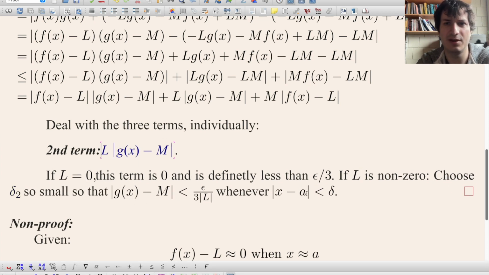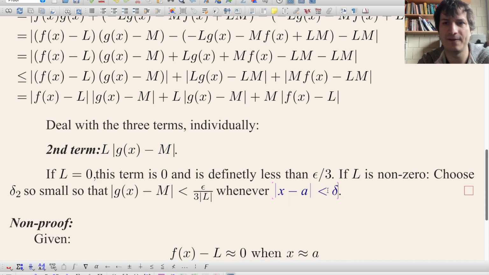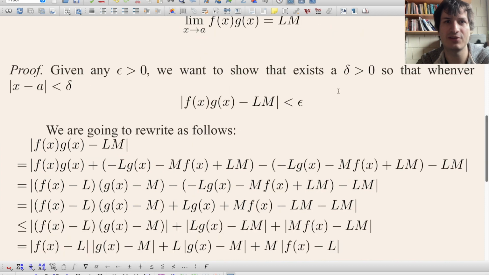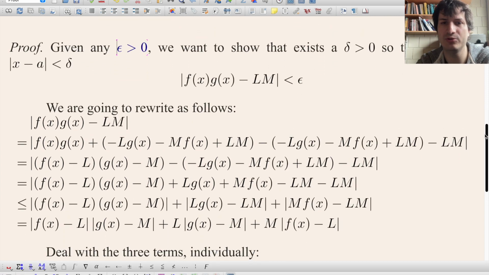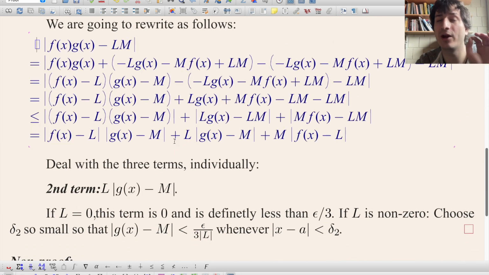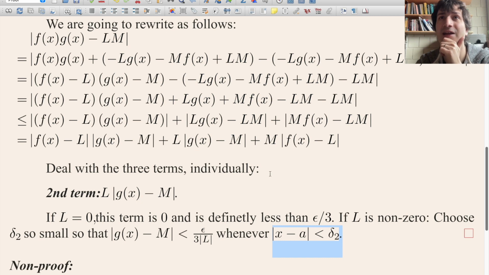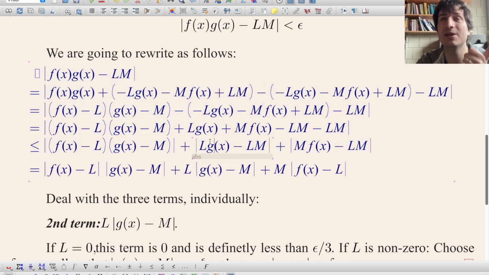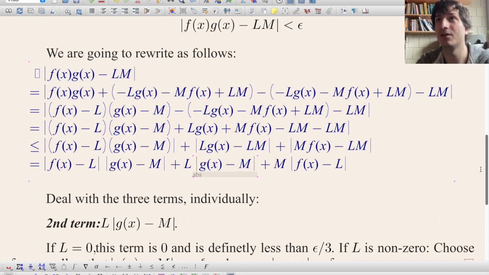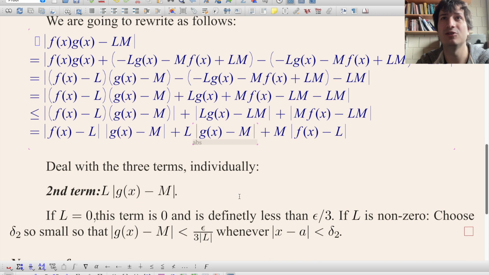Okay, so just to make sure we're on the same page, epsilon was given to us all the way up here, and we chose delta 2, where as long as x is within delta 2 of a, absolute value of x minus a less than delta 2, then this middle term is going to be less than epsilon by 3. Okay, and that's handled. Second term.